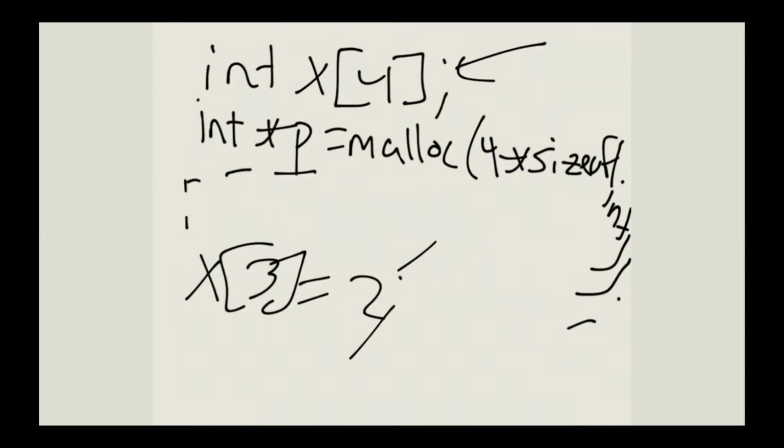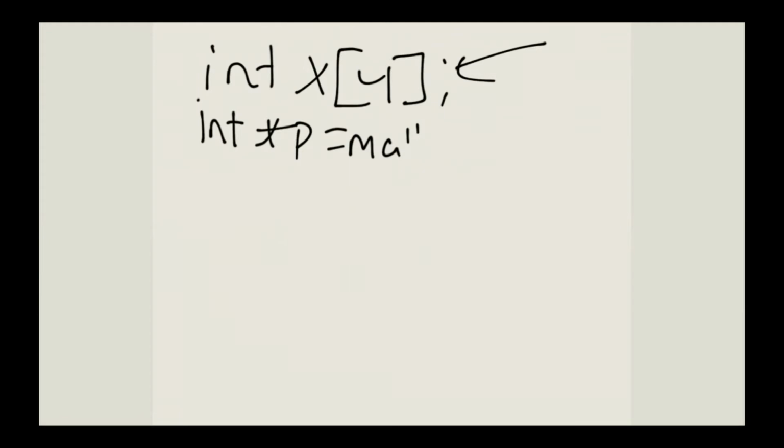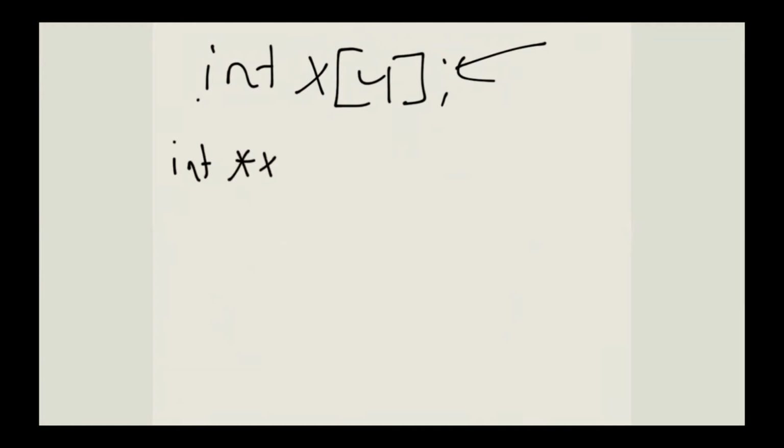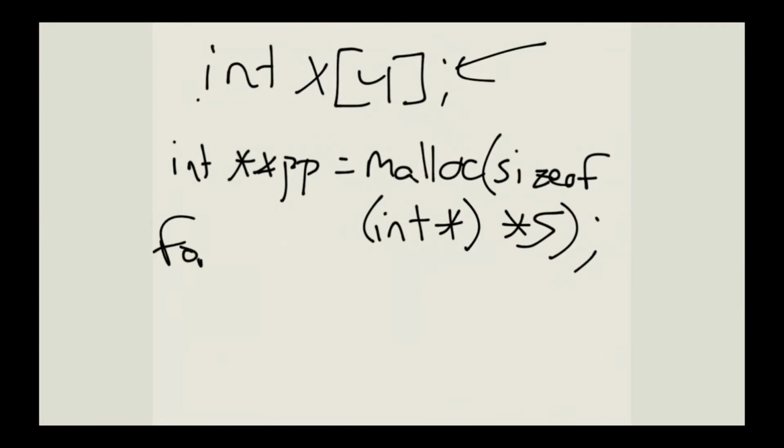What you can do is something like, let's say I want int star star pp equals malloc of size of int star times 5. And then I'll just write it all out first.